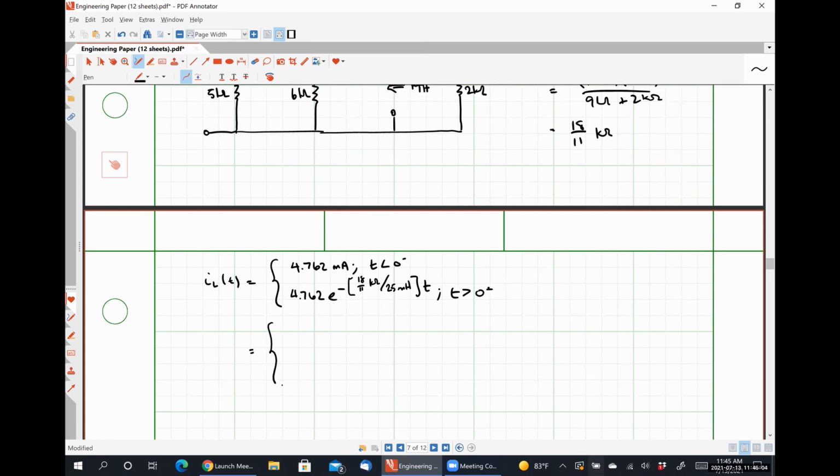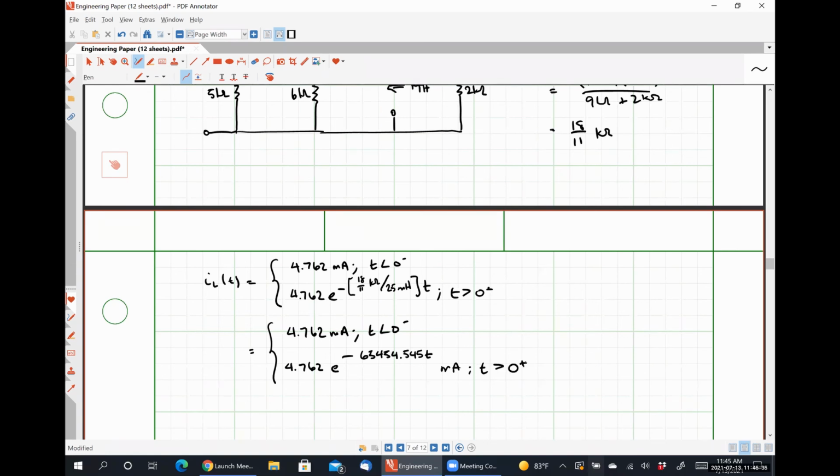So this would be 4.762 milliamps for t less than 0 minus, and then 4.762 e to the minus 65,454.545 t milliamps for t greater than 0 plus.